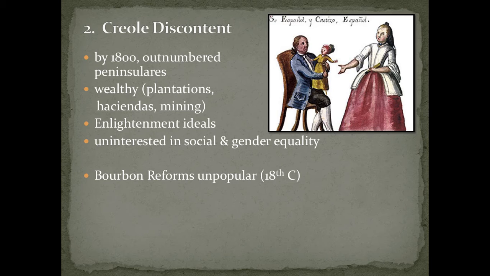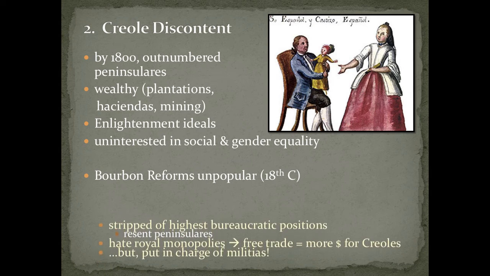By the mid to late 1700s, the Spanish government started trying to crack down on what they saw as these unruly Creoles, particularly ones in high-ranking bureaucratic positions in the viceroyalties. With these Bourbon reforms, the Spanish crown also attempted to clamp down tighter on the Latin American economies.